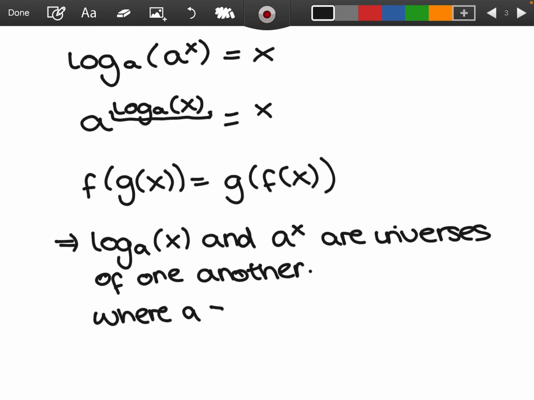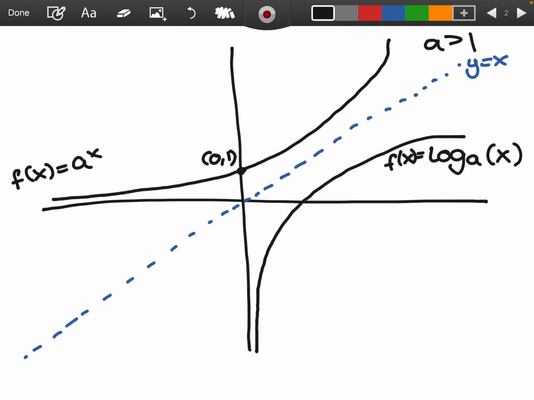Where a is just some number that is either greater than 1 or between 0 and 1. I will look at more graphs as we go through this topic, but for this particular one here, I looked at a being greater than 1.